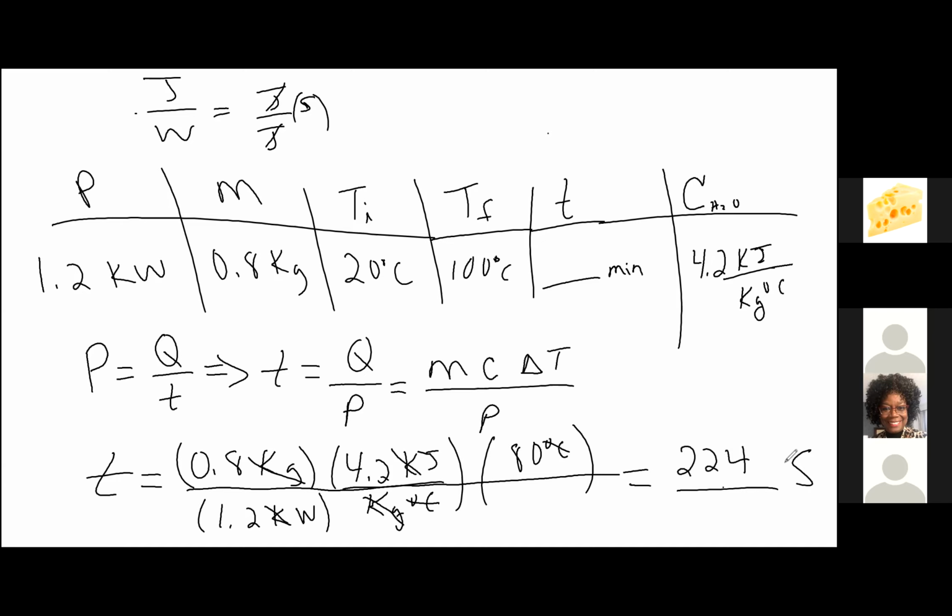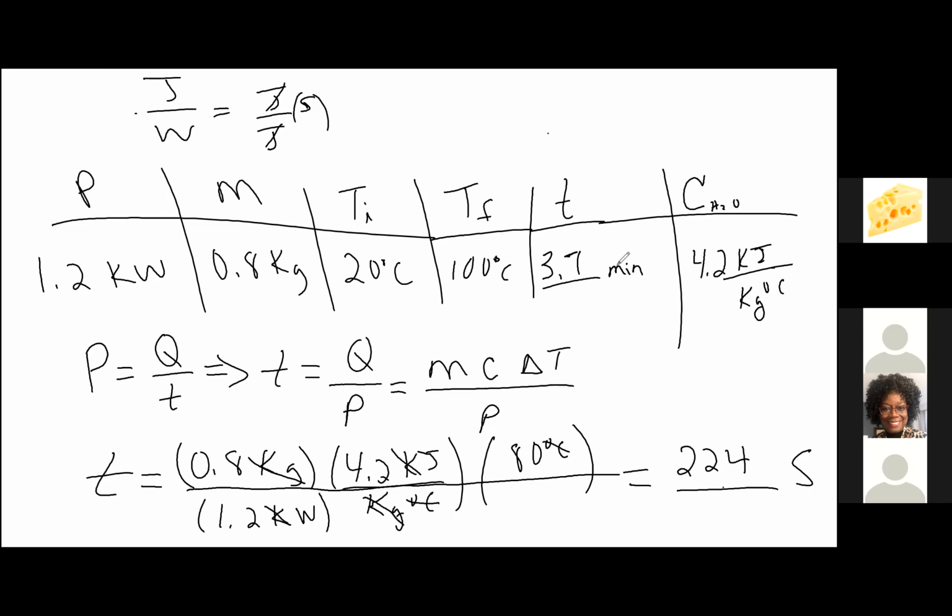But the author wants the answer in minutes, which is a common unit when we're heating up something. We don't count by the seconds, we usually count by the minutes. So of course we divide that by 60, since there are 60 seconds in a minute, and we get 3.73. So we get about 3.7 minutes.